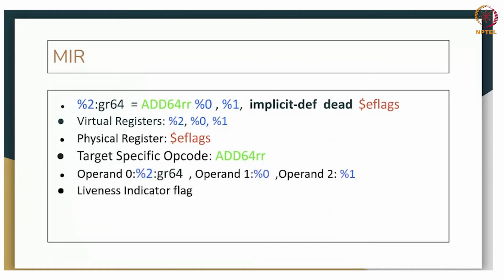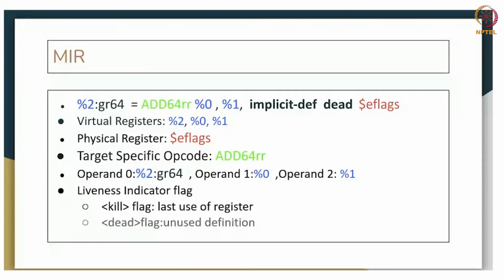There would be liveness indicator flags: kill means the last use of a register, and dead means an unused definition. So this is the meaning of these flags in this MIR. Even the result register like %2 is also called an operand.